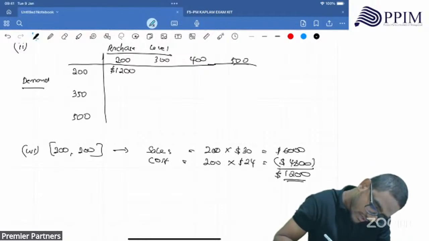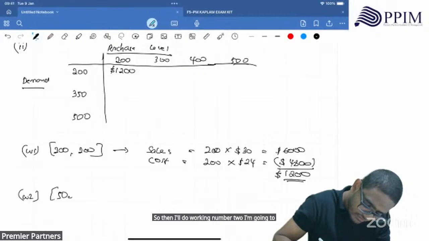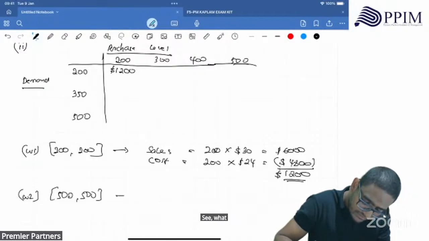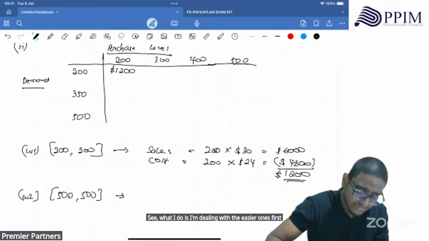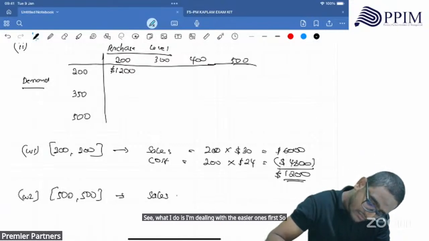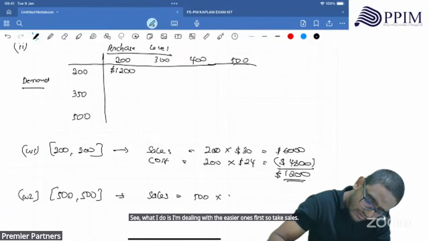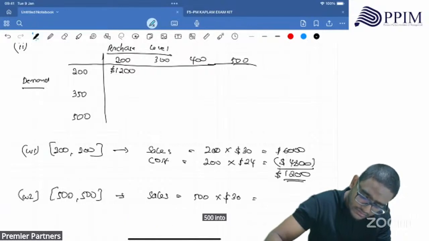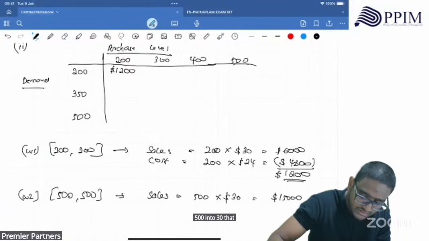So then I'll do working number 2. I'm going to do 500 and 500. See, what I do is I'm dealing the easier ones first. So take sales: 500 into 30, that is 15,000.